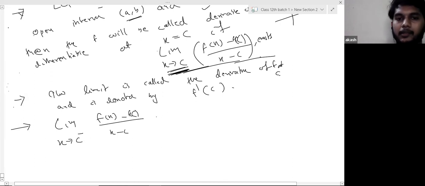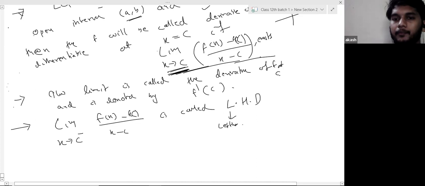Limit x tending to c minus this is called LHD, left hand derivative of f.